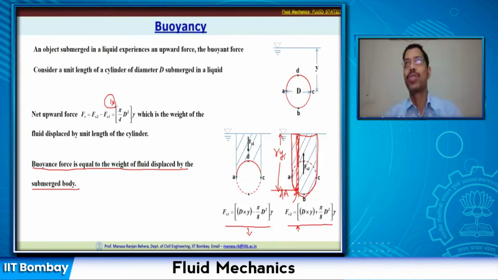So finally what we understood, if I have some net force, that is buoyancy force Fb, then I have the weight of the body. So the buoyancy force that is acting upwards is equal to the weight of the fluid displaced by the submerged body, and the weight of the body has to be balanced by this.